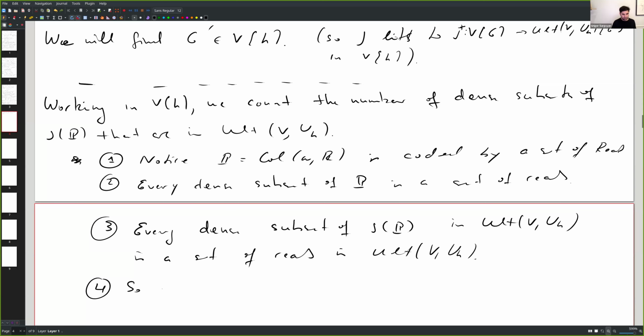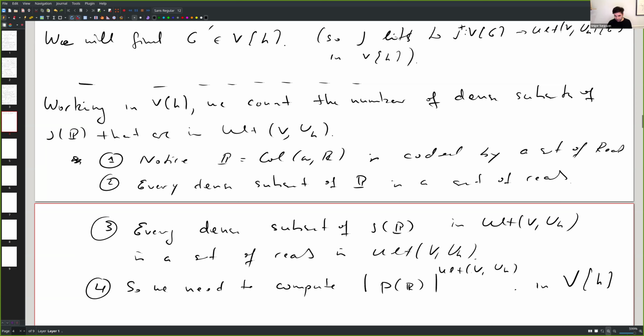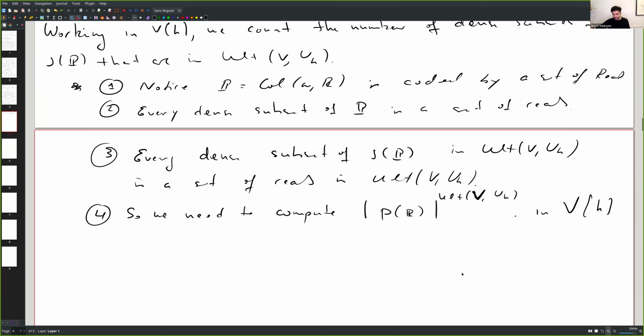So we need to compute the cardinality of the set of reals of the ultrapower V_U[H] in V[H]. That's what we need to do, because every dense subset of J(P) is a set of reals. We are doing this counting inside V[H].